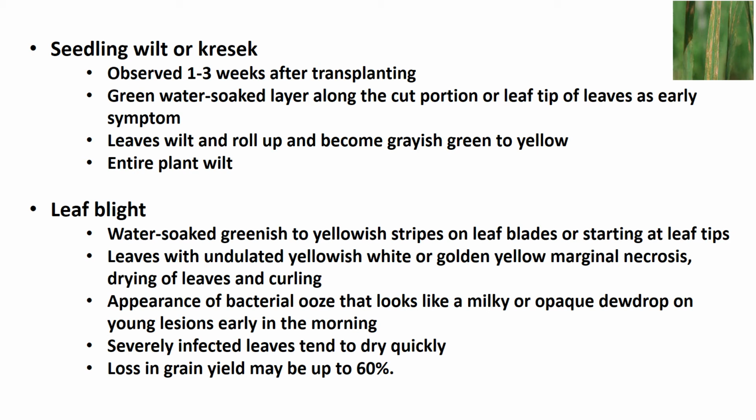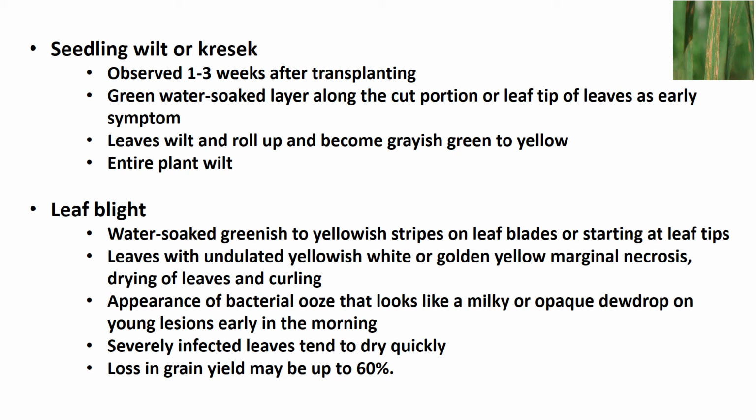The bacterial leaf blight of rice may either occur as seedling wilt, which is also known as kresek, or leaf blight. So what is seedling wilt or kresek? It is observed in the rice seedlings 1 to 3 weeks after transplanting.